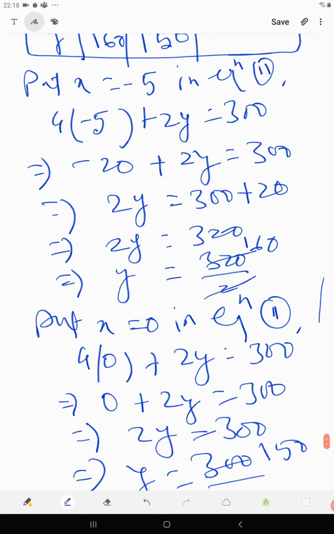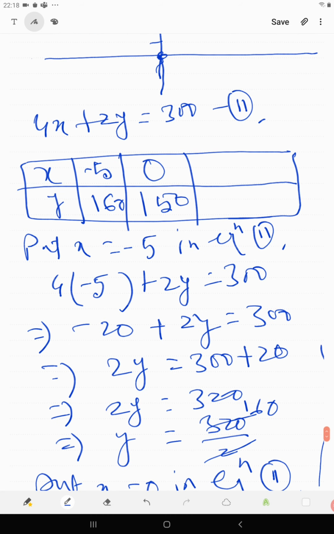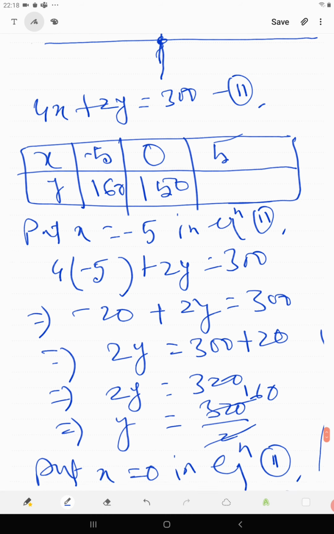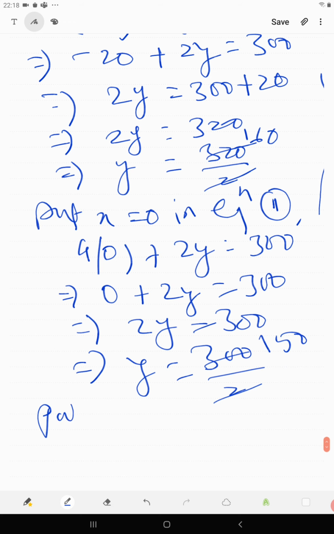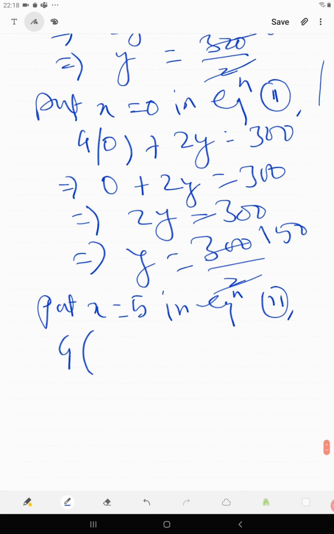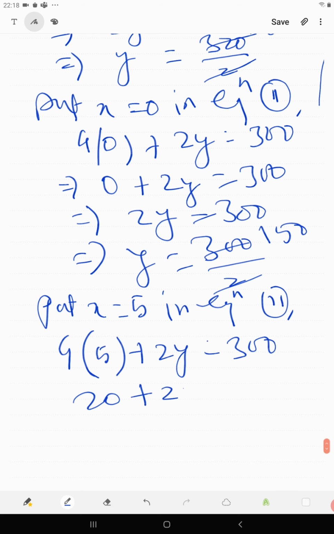Now take x as plus 5. Okay, so put x equals to 5 in equation 2. What you will get? 4 into 5 plus 2y equals to 300. That means 20 plus 2y will be equal to 300.